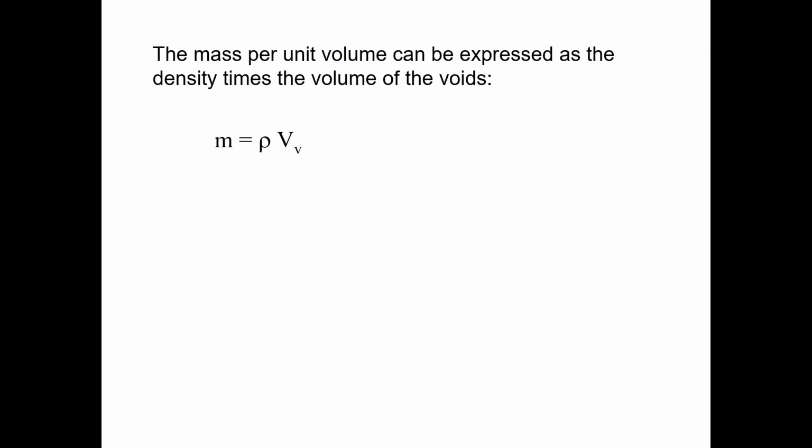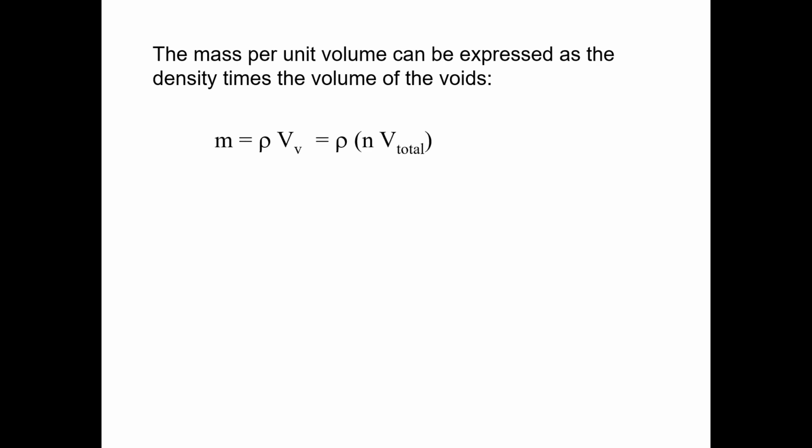So remember that mass per unit volume can be expressed as density multiplied by the volume of the voids. Okay. So the water is in the void space, and so if we take the density of water and multiply it by the volume of the voids, we have the mass of water in the voids.